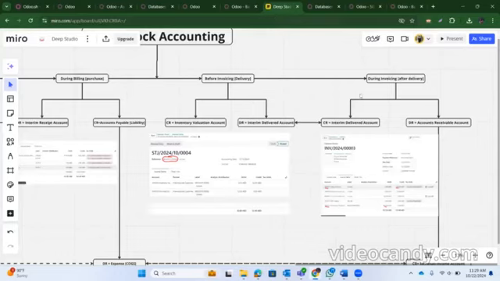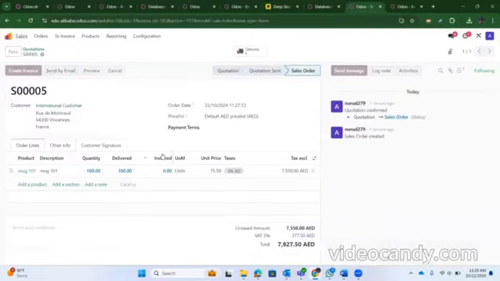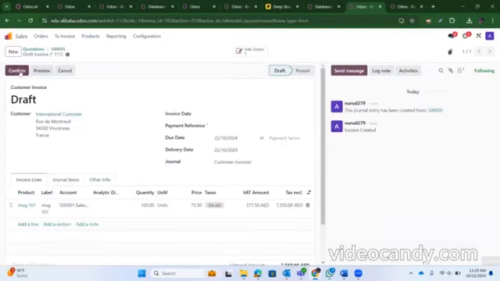Now, the next point is during invoicing. Let's take a look at what happens during invoicing. So let's come to sales and generate the invoice out of it.